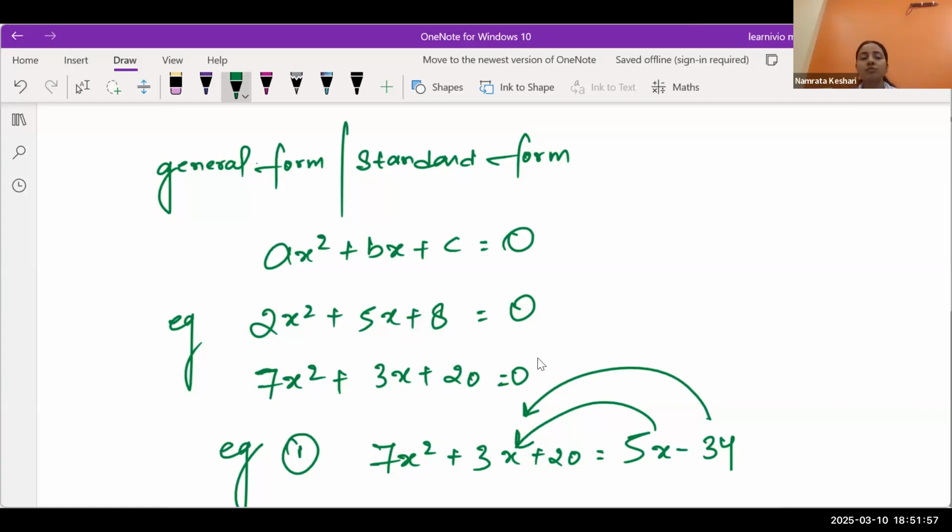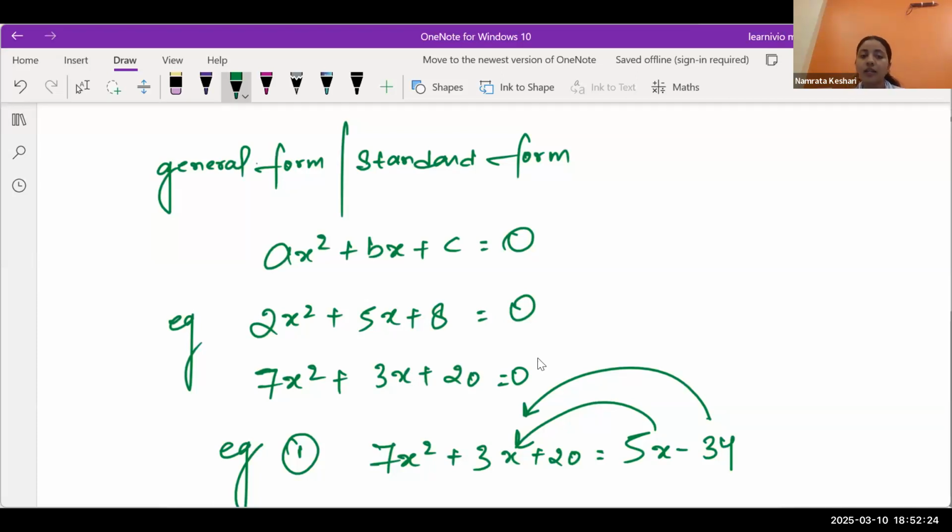Why are we mentioning one of the formats as a standard form? You can understand that everywhere there is a standard form. When you are writing letters or applications, you must have learned a standard form of writing them, right? Yes, ma'am. So standard form or general form, you are learning everywhere.